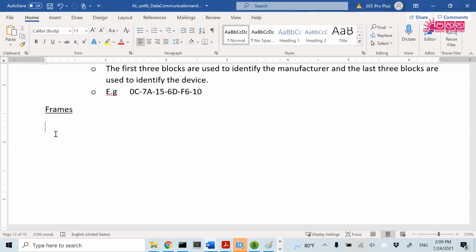Now, a packet of data means you have a set of bits. So when it comes to data link layer, what we are trying to transmit is the frame, right?